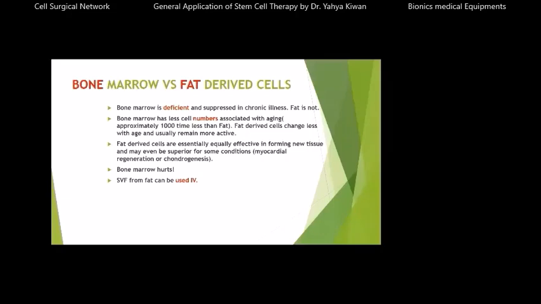Harvesting of bone marrow is more difficult, and probably more painful, than taking the fat. And the good thing about SVF is that the particle is less than 100 micron, and that can be used intravenously.